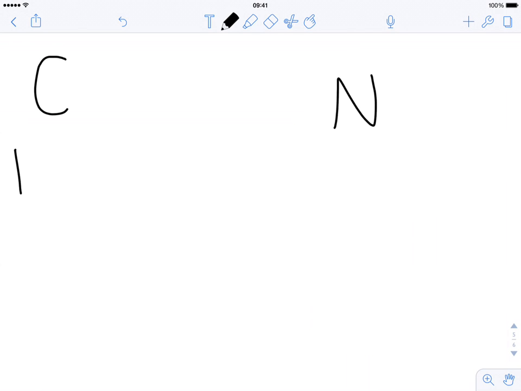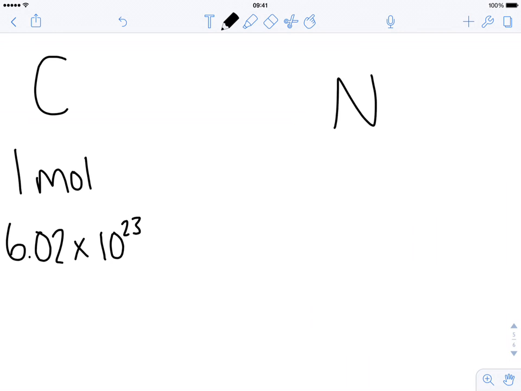So let's say we have carbon and we have nitrogen. If I have 1 mole of carbon, that means that I have 6.02 times 10 to the 23rd atoms of carbon, right? Because 1 mole of something equals 6.02 times 10 to the 23rd of that something.